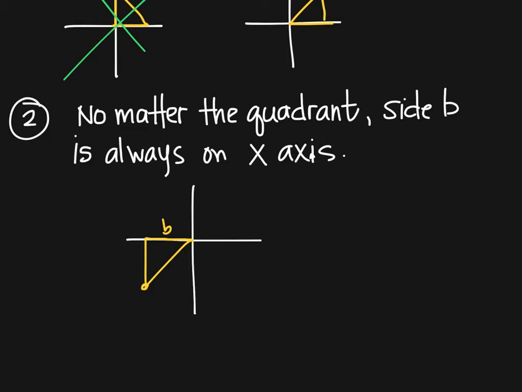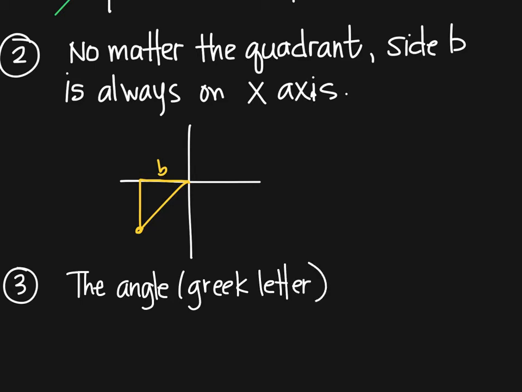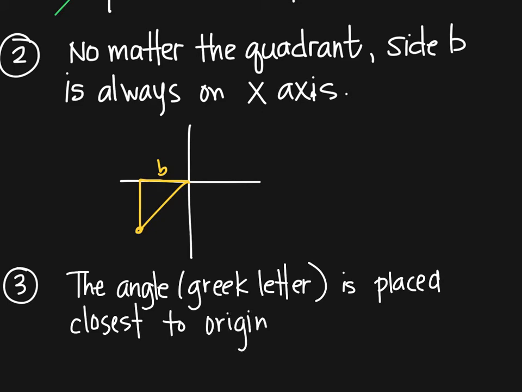And then there's a third guideline. The angle, which will be a Greek letter, it could be alpha, it could be theta, it could be phi, it could be gamma. The Greek letters are used for angles, but the angle is placed closest to the origin.